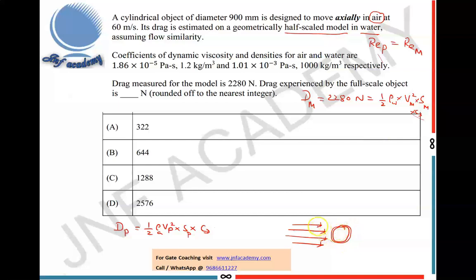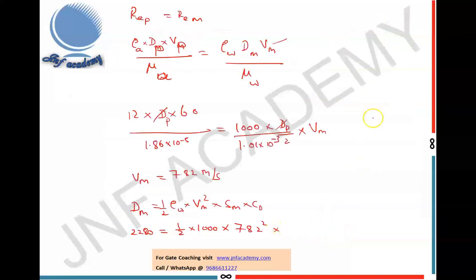It is seen by the fluid, either it is water or air, right? So if you take the circle area, it is pi d square by 4, right?